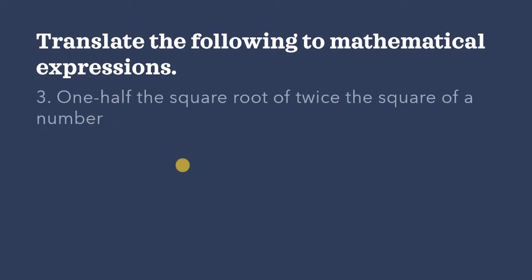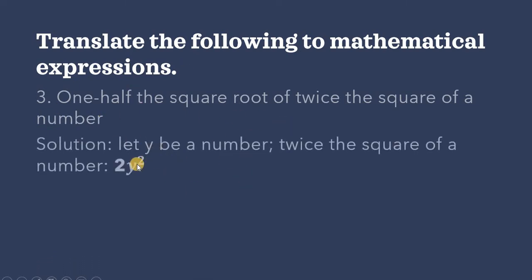For number 3, 1/2 the square root of twice the square of a number. When we read it, it seems difficult, but when we break it down, it is easy. Let's start with twice the square of a number. Of course, we first assign a variable to a number, which for this one I used y.